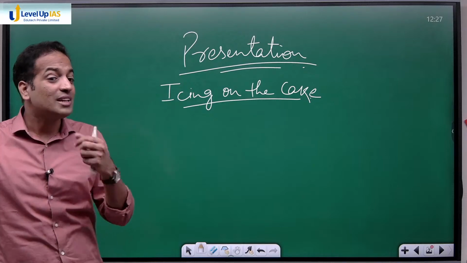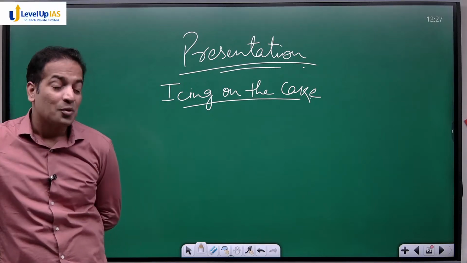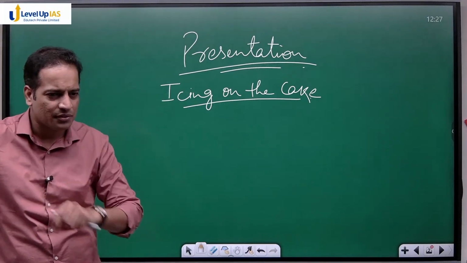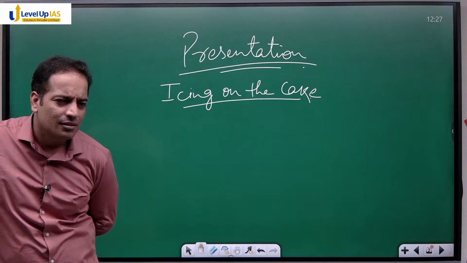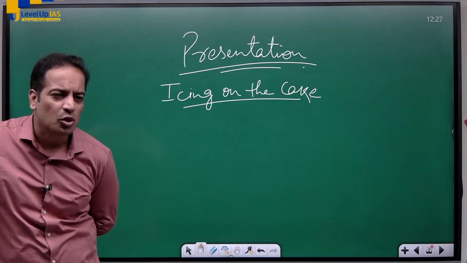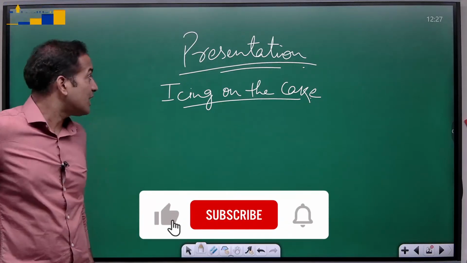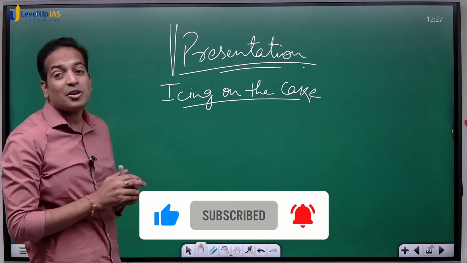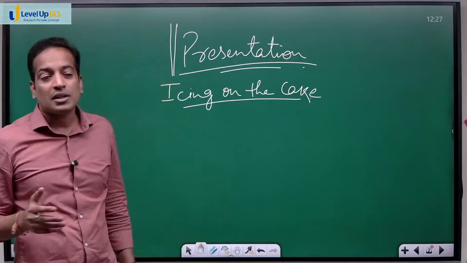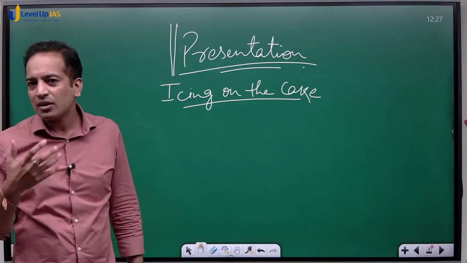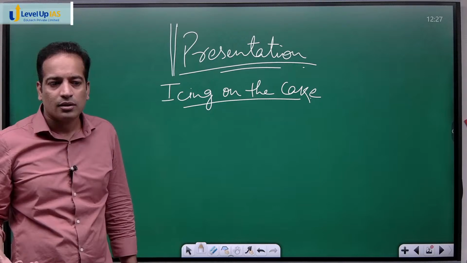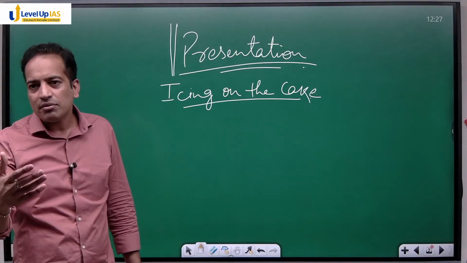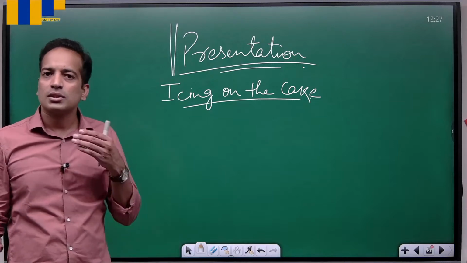But suppose that icing is not good, no matter how good your cake is, would you like to buy it? You are not going to trust the shopkeeper, right? So that is what presentation does. Even if you have got very good content, but whatever you are writing is not legible, not clearly visible, one cannot read it comfortably, naturally your marks will get deducted.